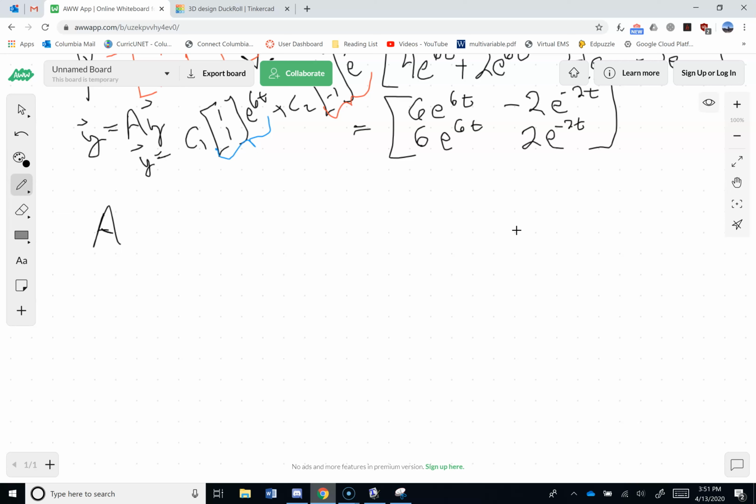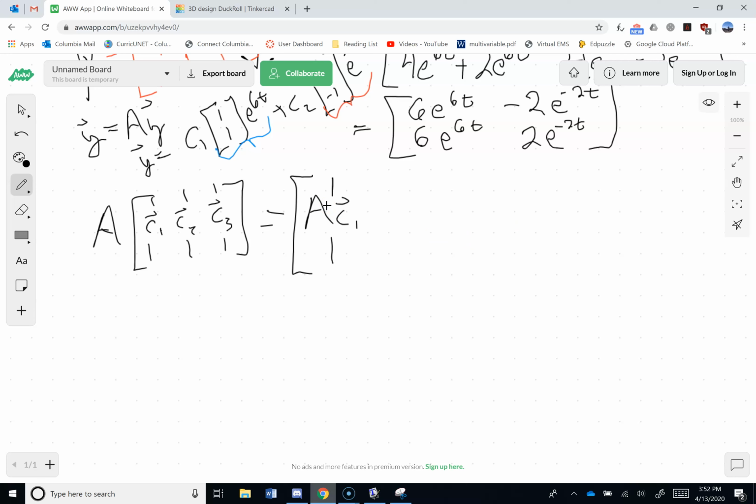If you have a matrix A times another matrix that's made out of a bunch of columns, then you can say that this is A times the first column. Not plus. Plus is dumb. It's a matrix made out of A times the first column and A times the second column and A times the third column, and those are the column vectors in the new matrix.